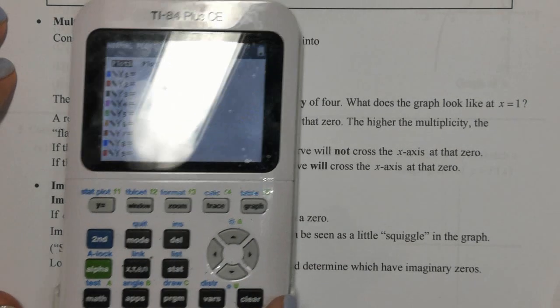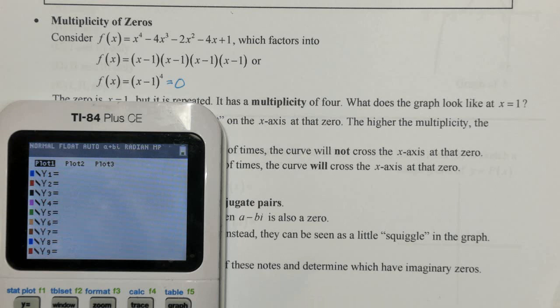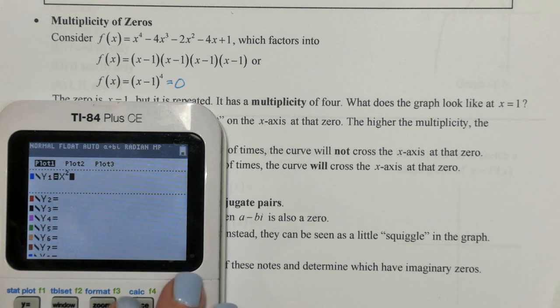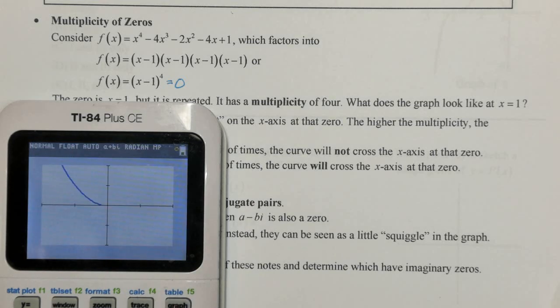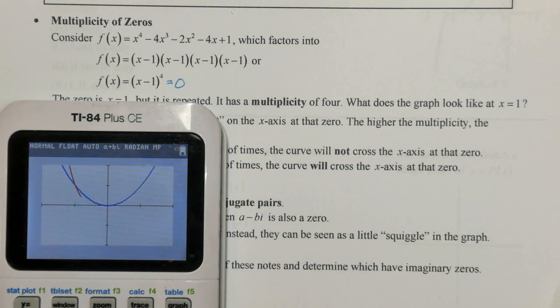Let me find a spot where there's no glare. You know what, let me start with x squared. Here's the graph of x squared. Now let's graph x to the 4th. It's similar, but it is not a parabola.